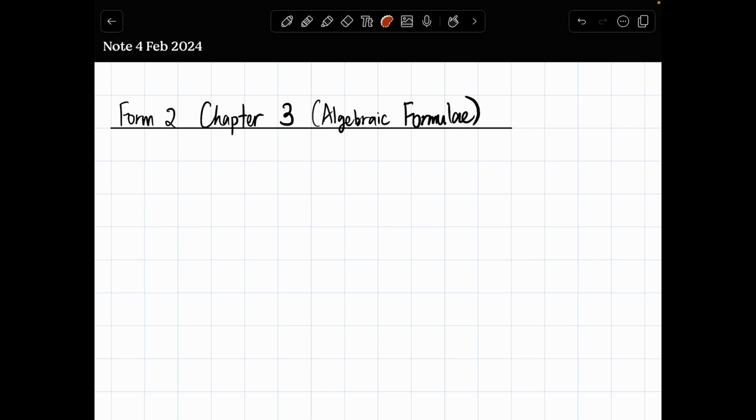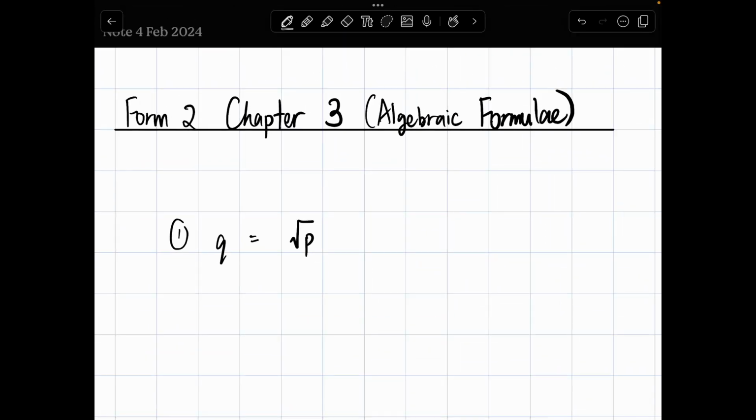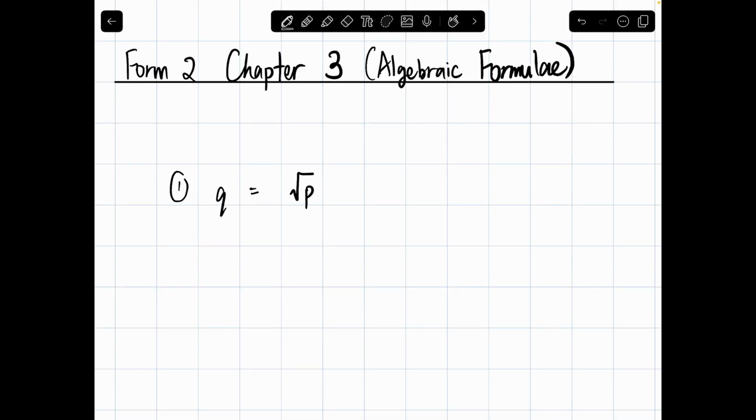For exams, how you will be tested is something like this. For instance, given an equation, Q equals to square root of P. In most cases, for algebraic formulae, we would call the alphabet left alone without any operators as the subject of the formula.